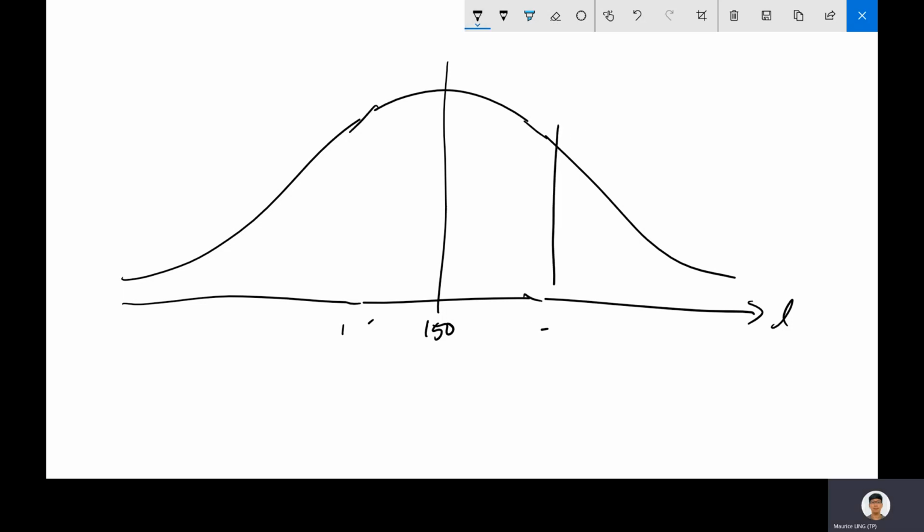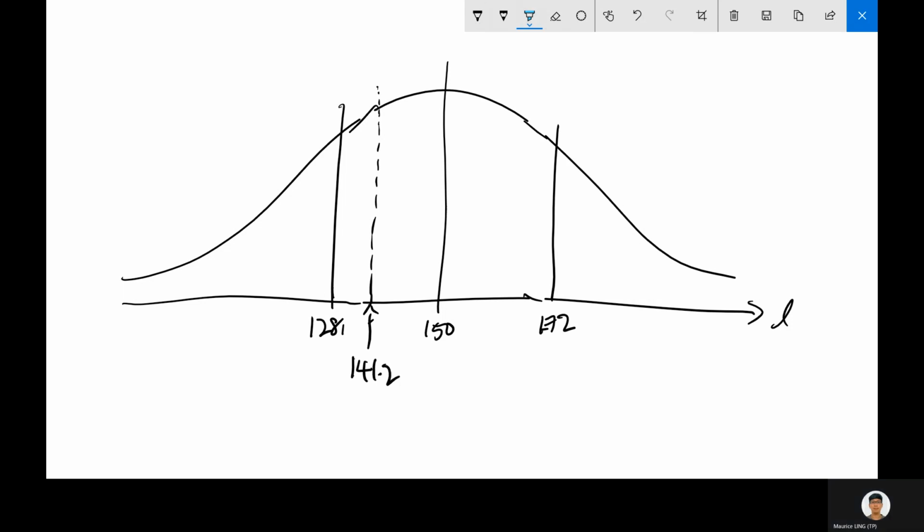Here you have 128, 150, 172. So 141.2 is somewhere here.